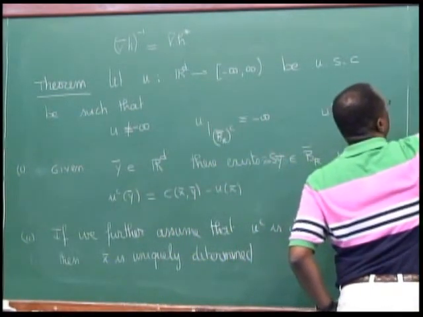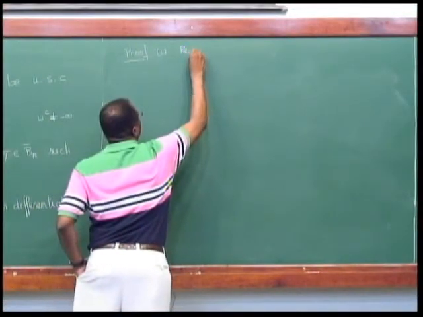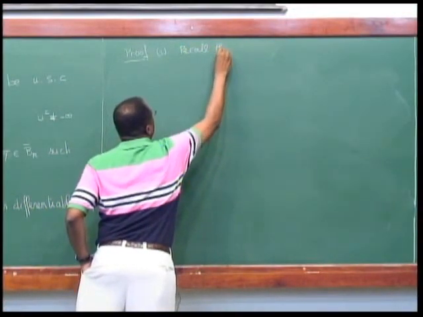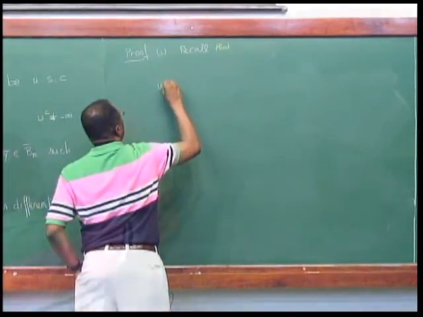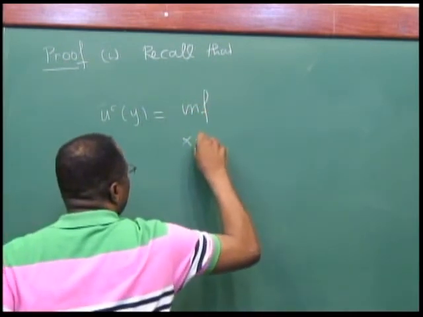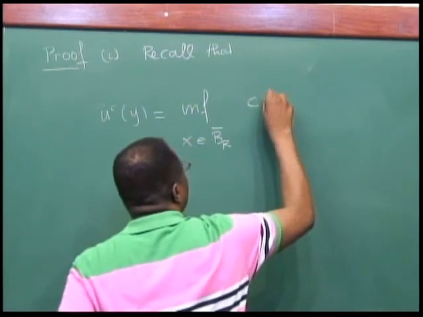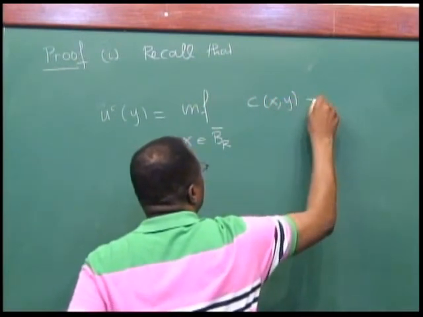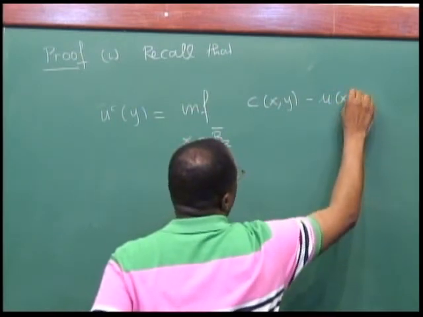So proof. Recall that UC of y is the infimum over x in the closed ball of radius r of C of x, y minus U of x.